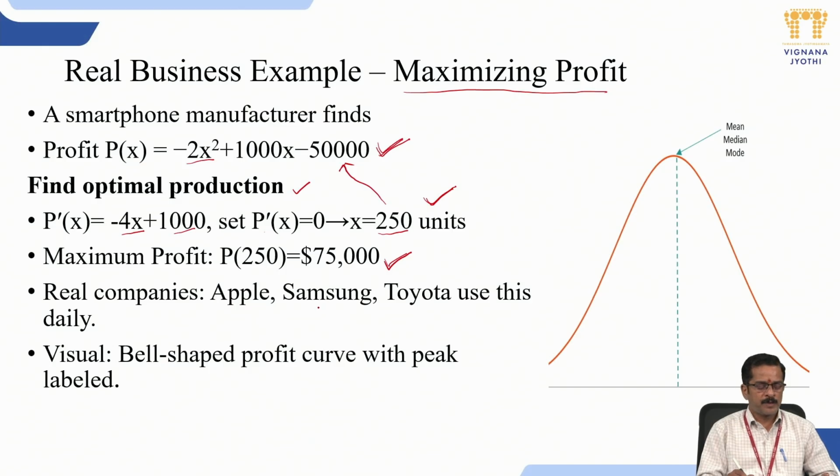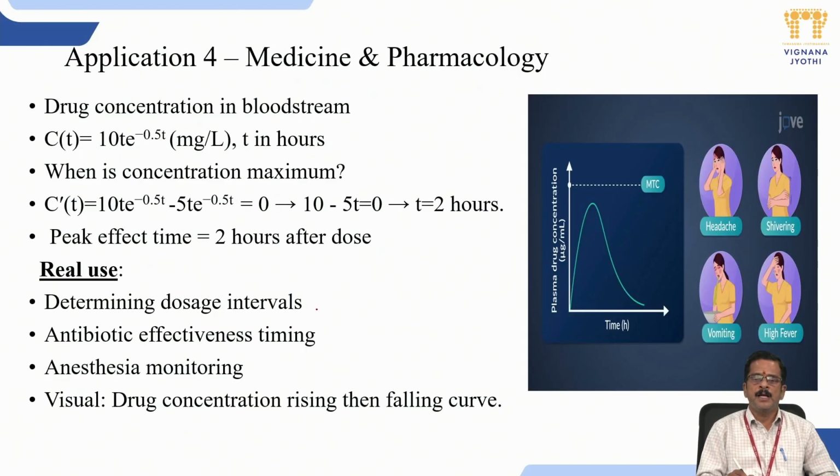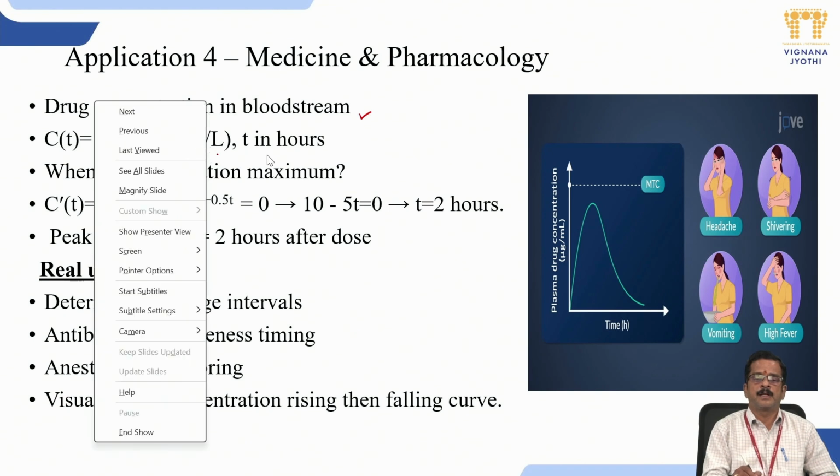Okay, next, medicine and pharmacology. Here also, differentiation helps. Drug concentration in the bloodstream: the concentration function is given by 10t e power minus 0.5t milligrams per liter at t hours.